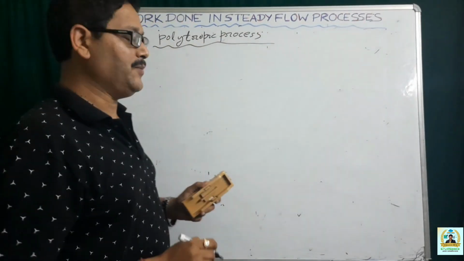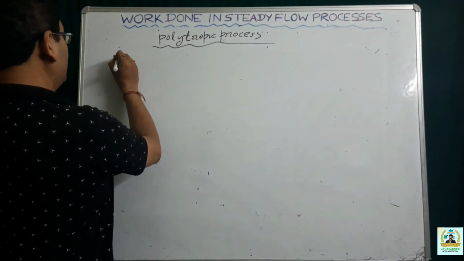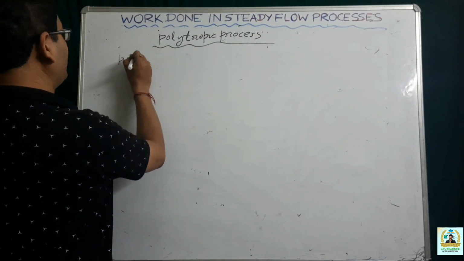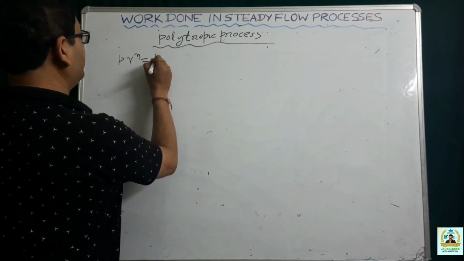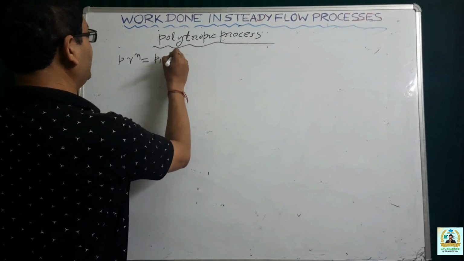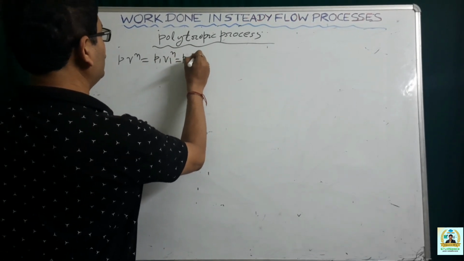So what happens in a polytropic process? That is PV to the power n is equal to P1 V1 to the power n is equal to P2 V2 to the power n.